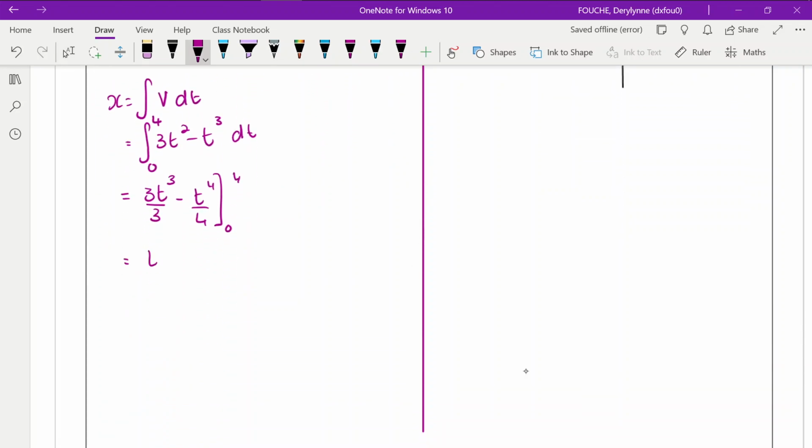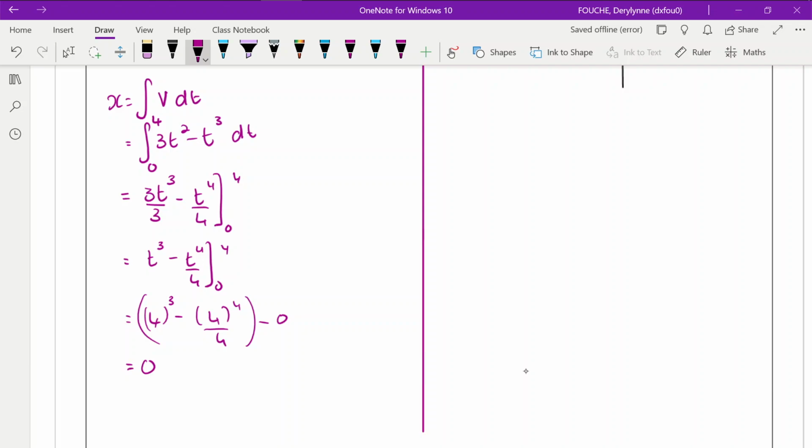Let's tidy that up before I do anything with it. So I have 4 to the power of 3 minus 4 to the 4 over 4 minus 0, and when I work through that, I get 4 cubed minus 4 cubed. Oh my goodness, my displacement is 0.